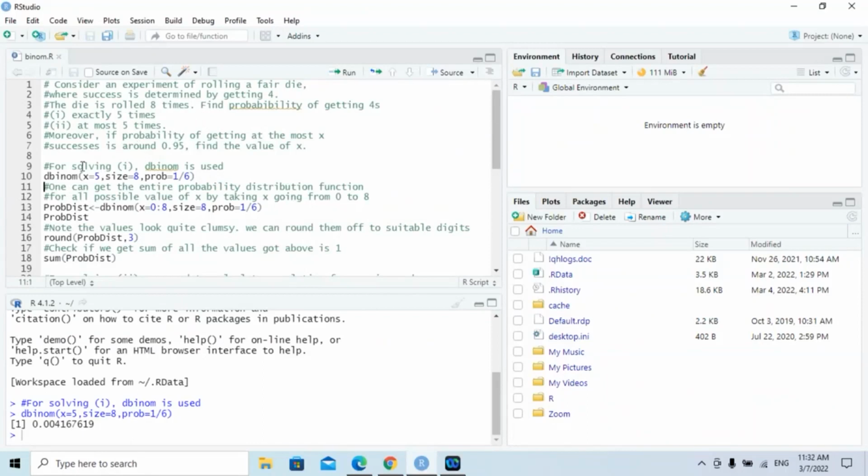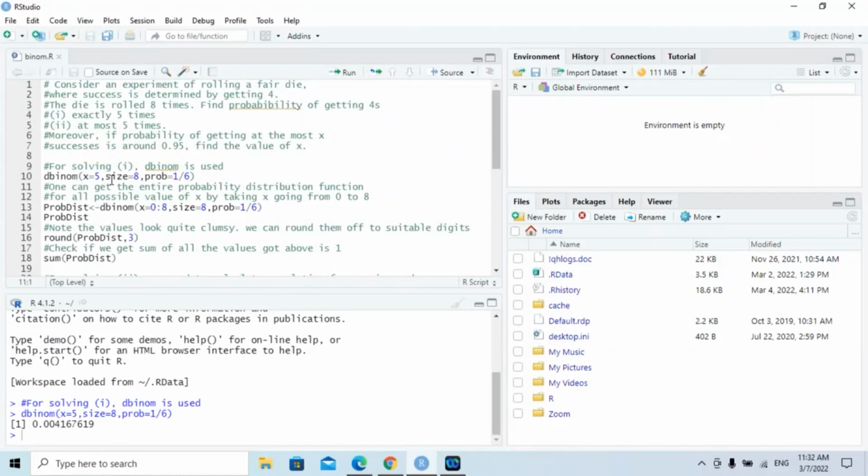Here we calculated the probability distribution when x takes value equal to 5, but we know that x takes value in the range of 0 to 8. So at each of those x's, what would be the probabilities of getting those x's?